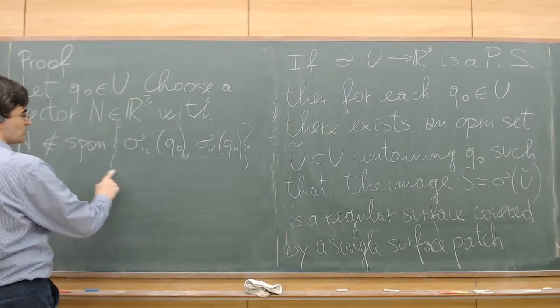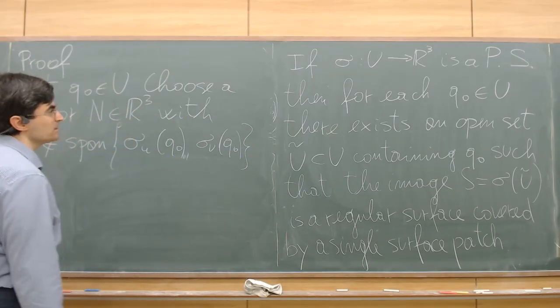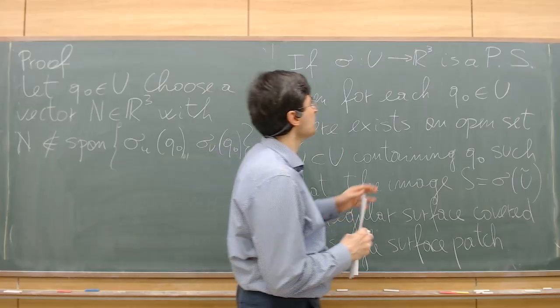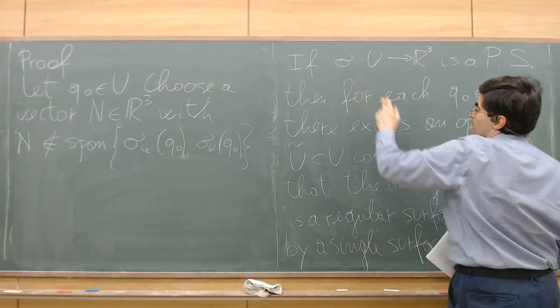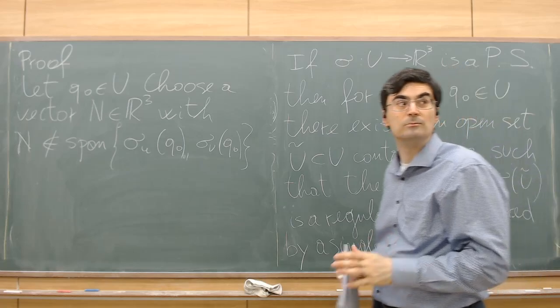This is a space of dimension 2 because by definition sigma is a parameterized surface and consequently sigma is a map whose derivative has rank 2.